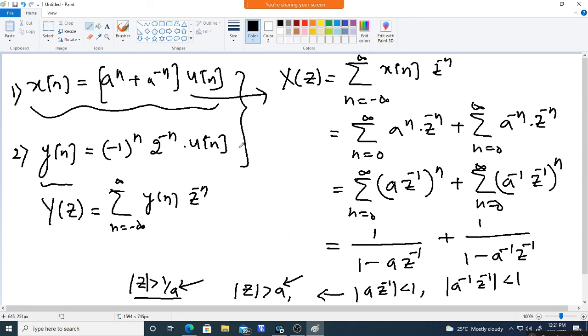Now this one you try to solve and get the answer at home.